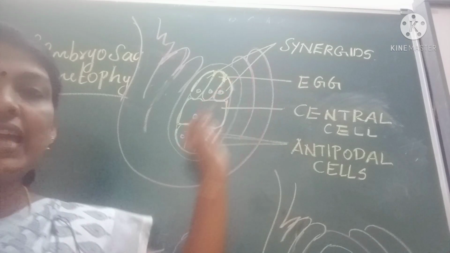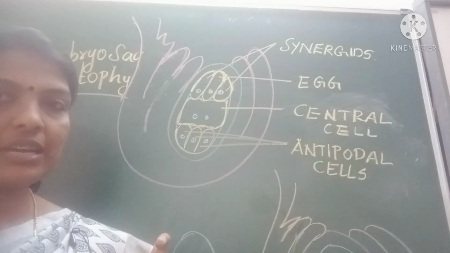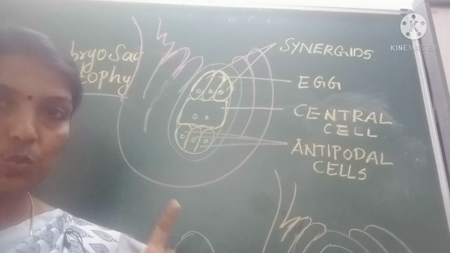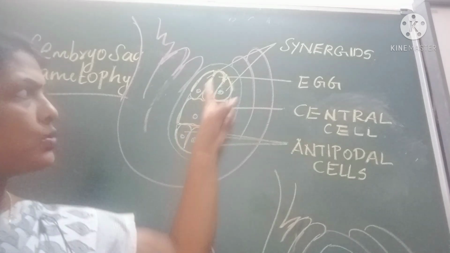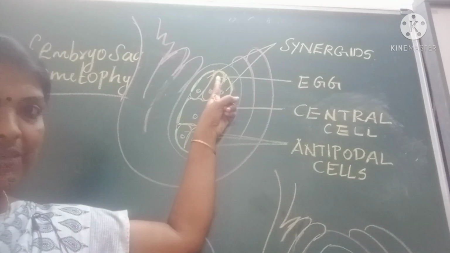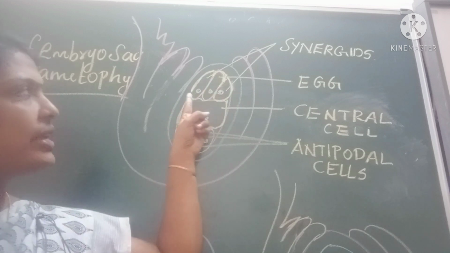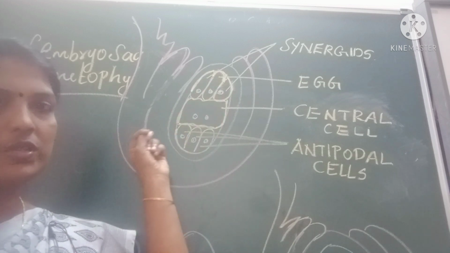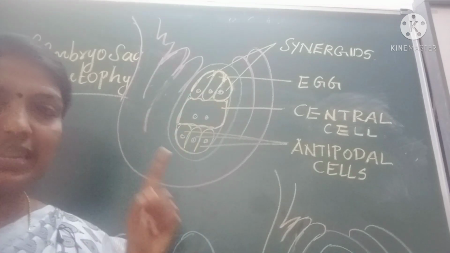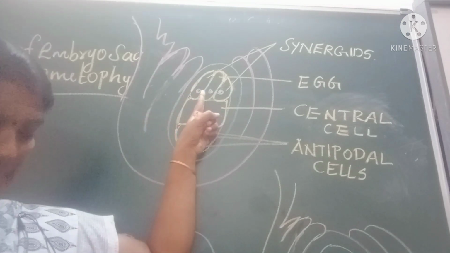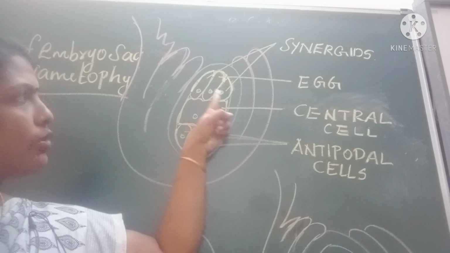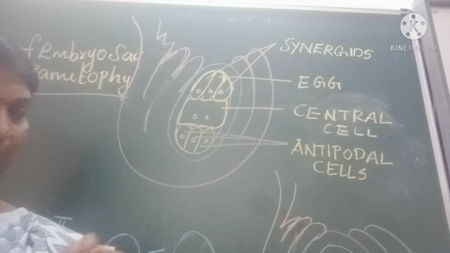Collectively they are called the egg apparatus. So which cells become the egg apparatus? The nuclei situated towards the micropylar side are converted to the egg apparatus. That means cell wall formation occurs around each nucleus and the cells are known as the egg apparatus, which consists of a central egg surrounded by 2 synergids.